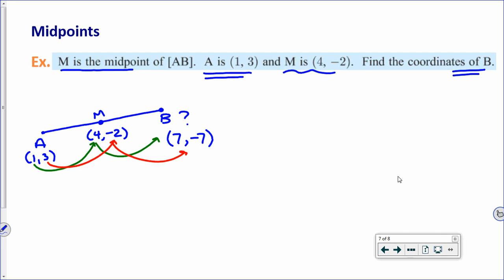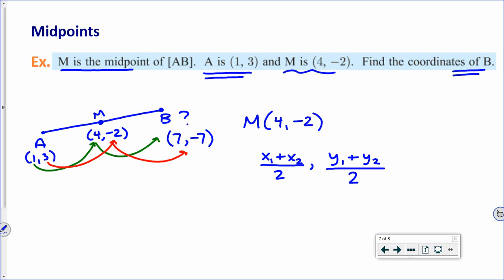There's an algebraic way to show this using the formula if you prefer that. The coordinates of M are 4, negative 2. And remember that that is the first x value plus the second x value divided by 2, and the first y plus the second y divided by 2. In each case, I know the first x and the first y because I was given coordinate A is 1, 3.